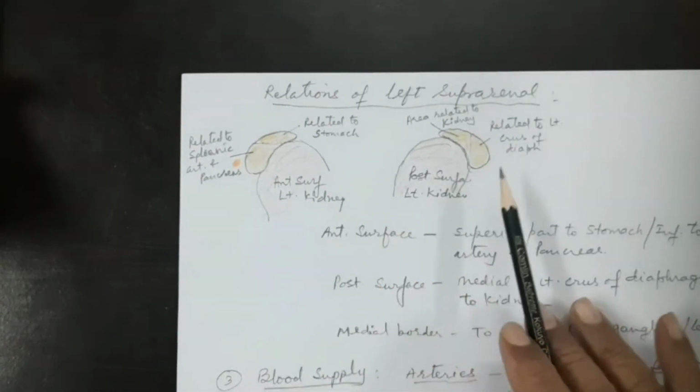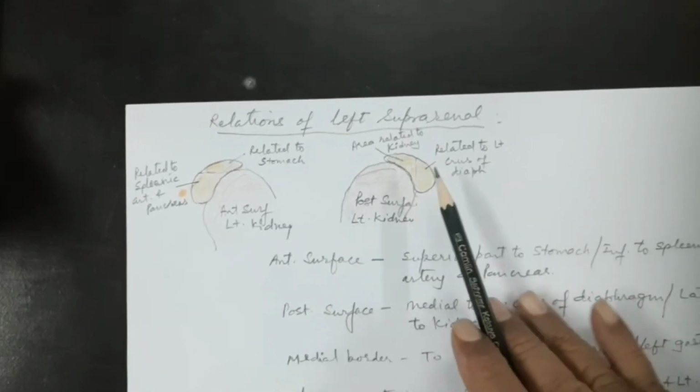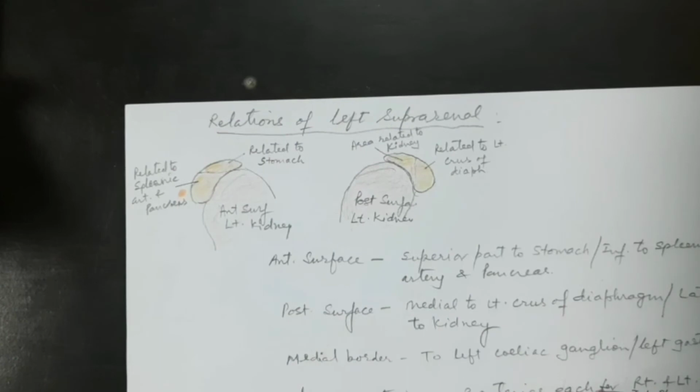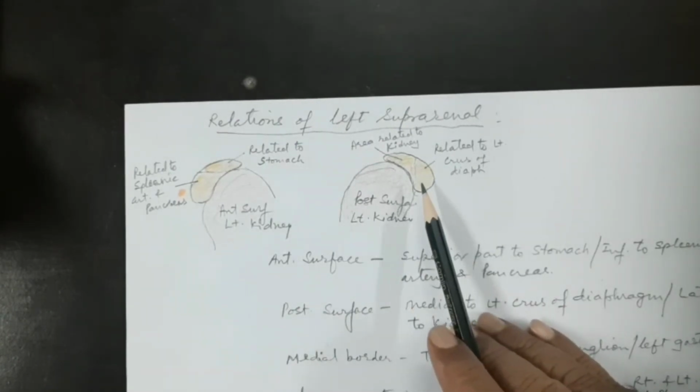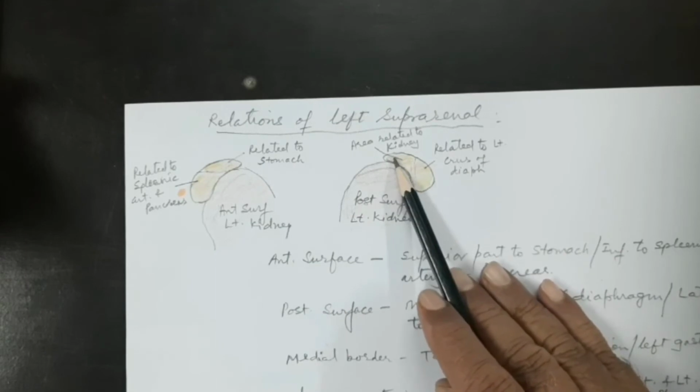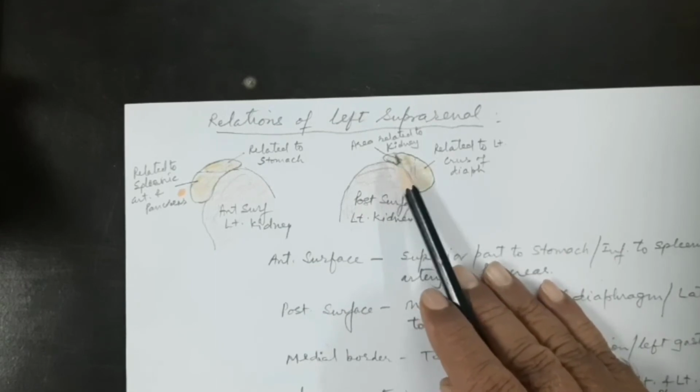Let us see this diagram, which shows the posterior surface of the same left suprarenal gland. Now there is an area near the upper end, and here it is related to the kidney.